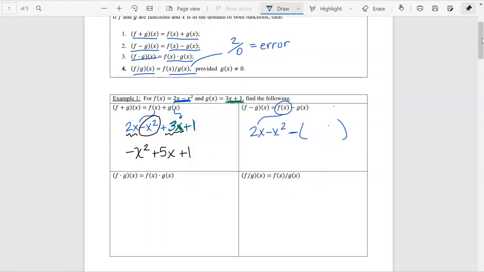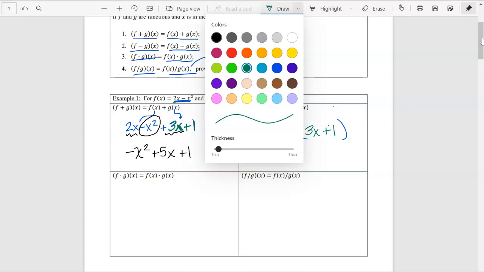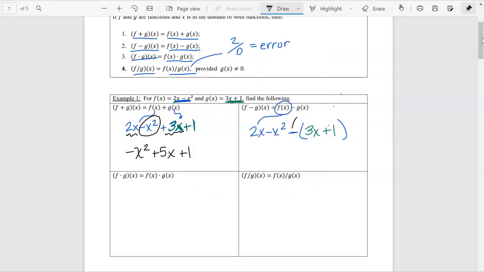So g of x is 3x plus 1. We need to make sure that when we're working the problem, especially for subtraction, we put it in parentheses so that we can distribute that negative to both things. If we had put it in parentheses over here, it would have still been fine. It's just that whenever it's a plus, you don't have to do that.